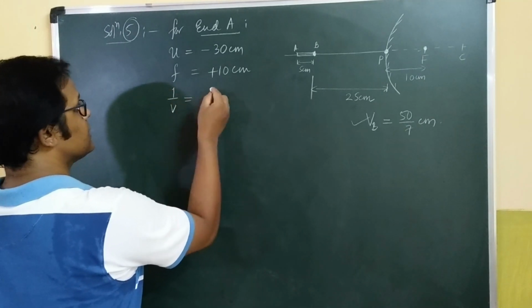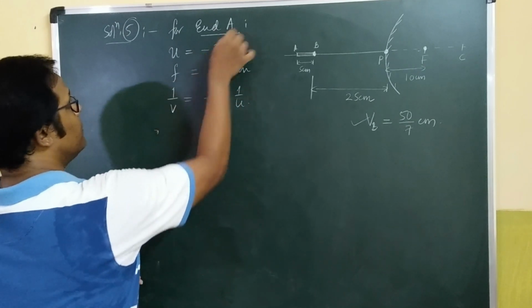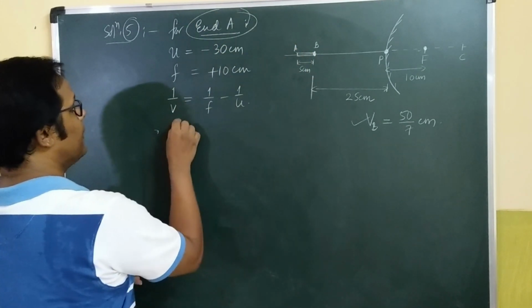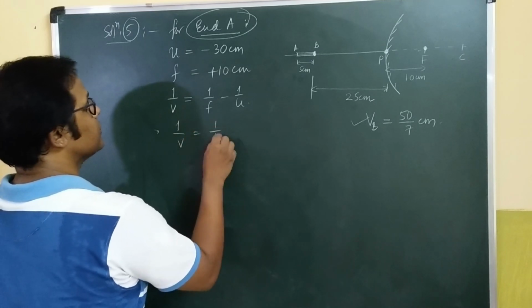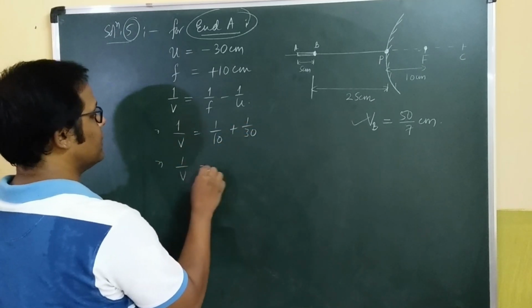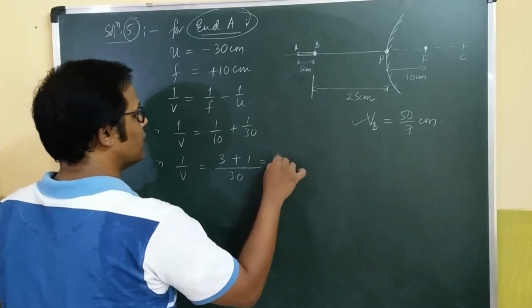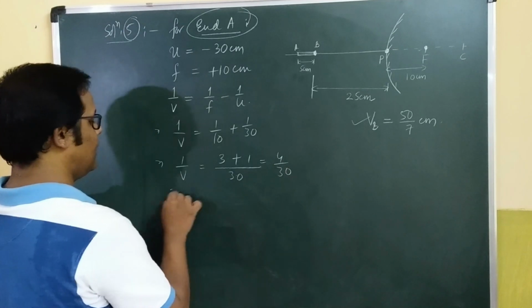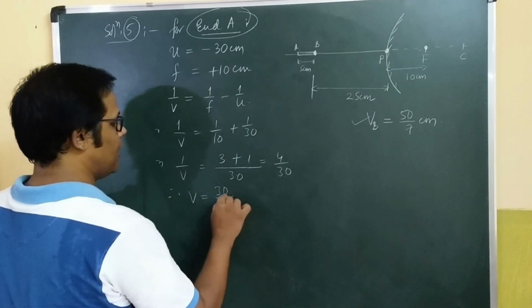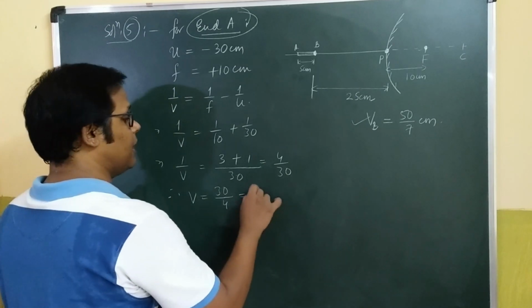Now the image distance will be 1 by F minus 1 by U. Please note it, I am doing for the end A. So you're going to get this plus 1 by 30. The LCM is 30. So this is 3 plus 1, that is 4 by 30. Hence the image distance is 30 by 4, and definitely we find it like 15 by 2 centimeters.